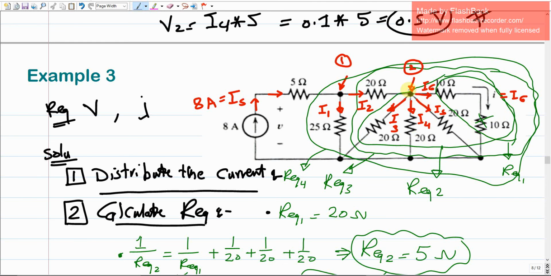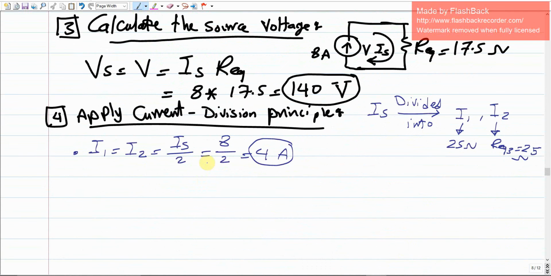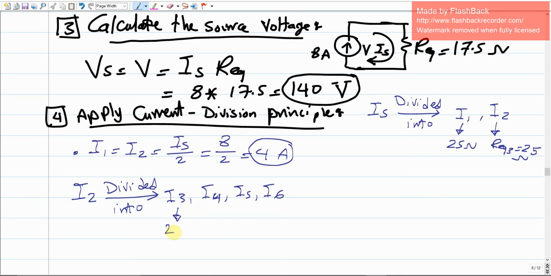So for this special problem, we're going to say that the total current, which is I2, is going to be divided into I3, I4, I5, and I6. I3 is 20 ohms, I4 is 20 ohms, I5 is 20 ohms, and I6 is R equivalent 1, which is also 20 ohms.